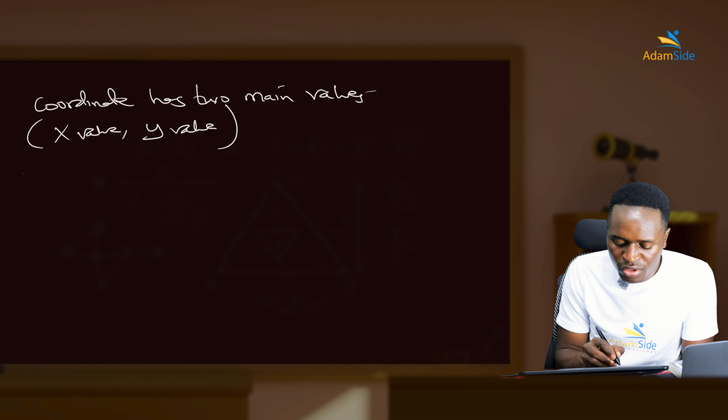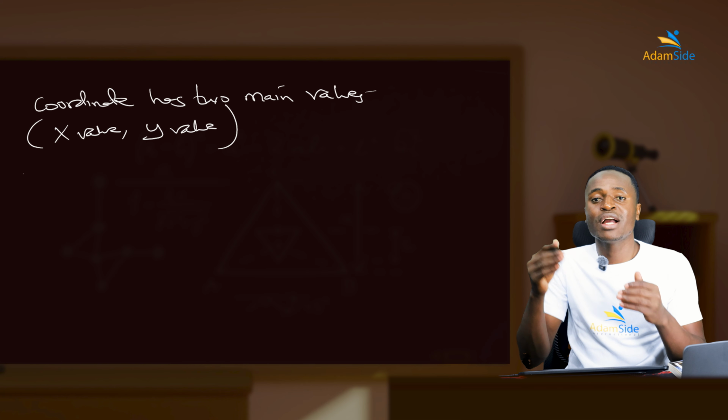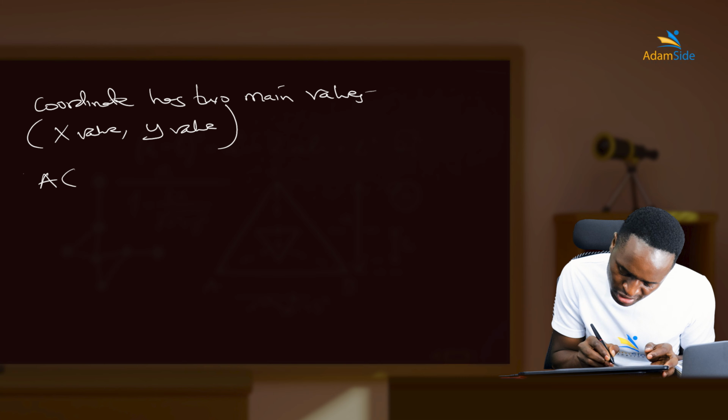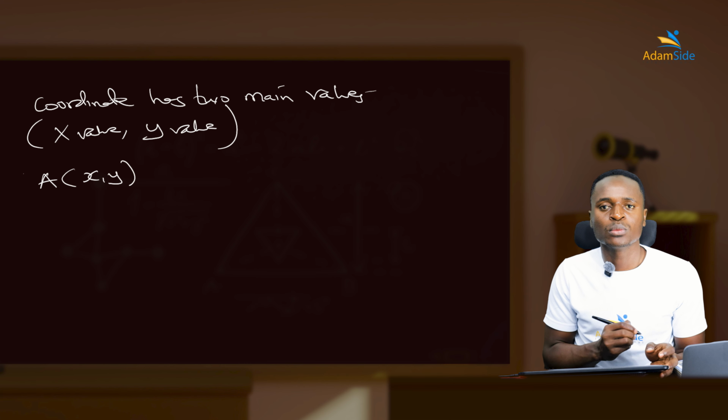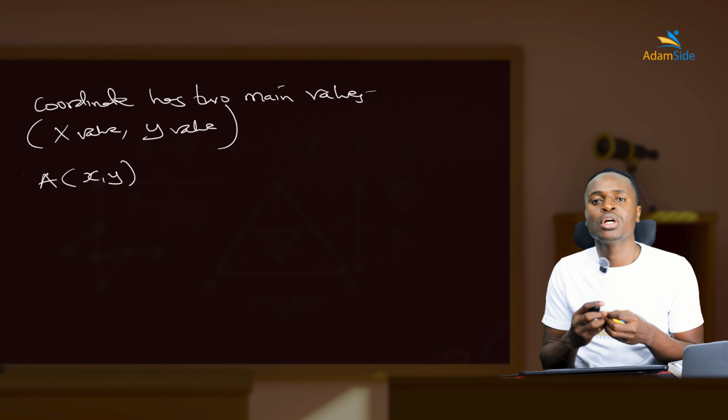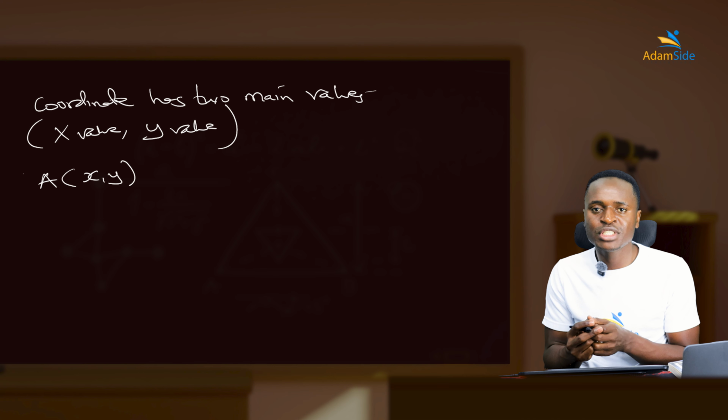The x value is always the horizontal and the y value is always the vertical. So if it's coordinate A, it will have an x value and a y value. This way we are able to know and show the location of an object in a plane.